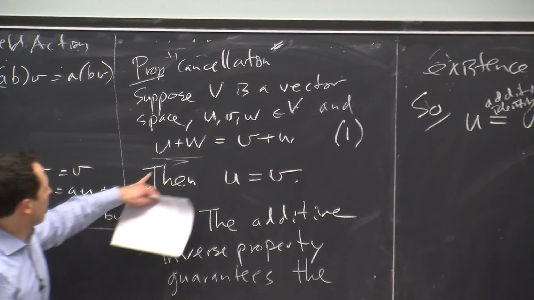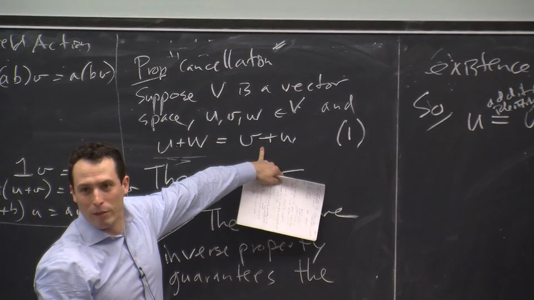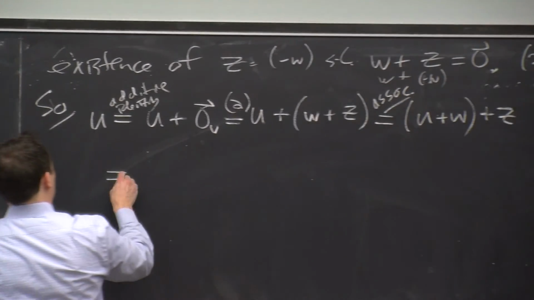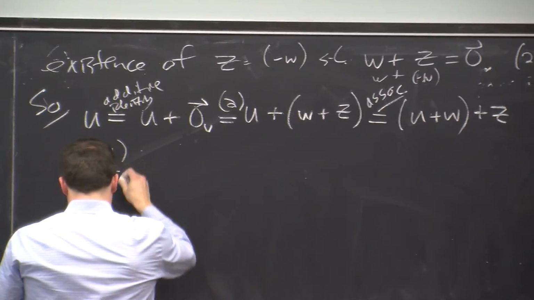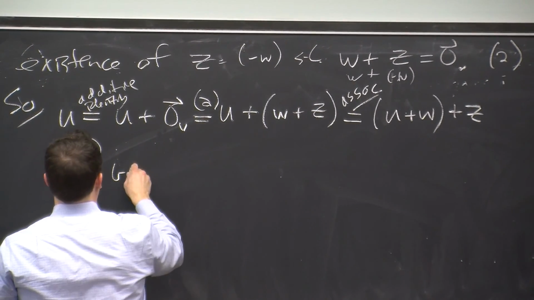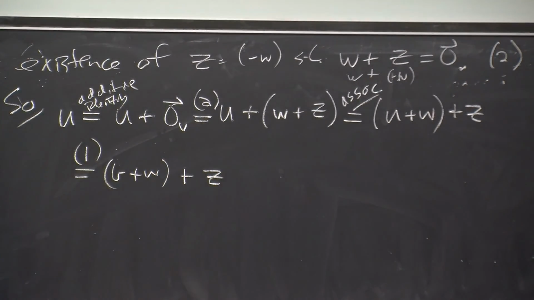None of these do necessarily. Right? So now we can use u plus w. We can substitute it for v plus w using equation number 1. So this, by equation 1, is equal to v plus w plus z. Right, just substituting according to this.